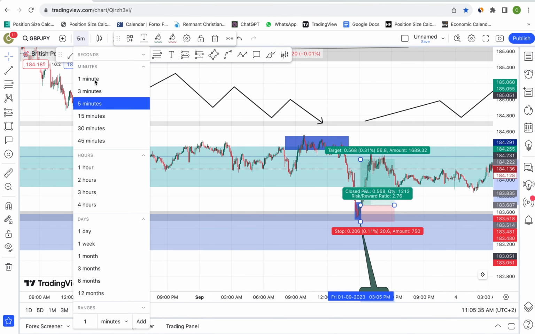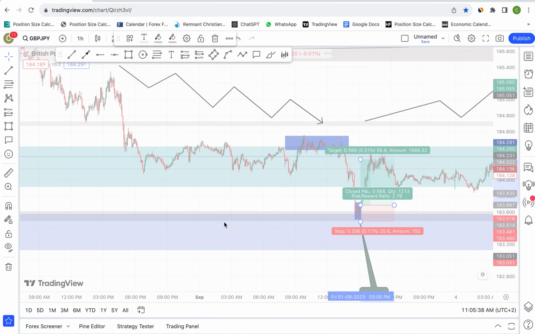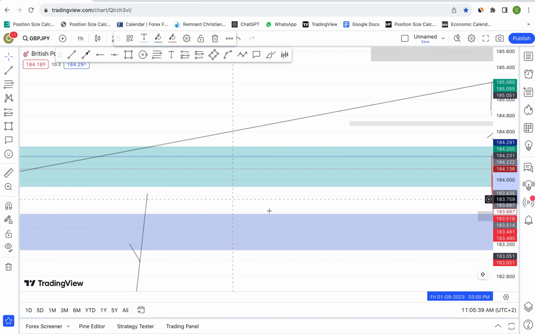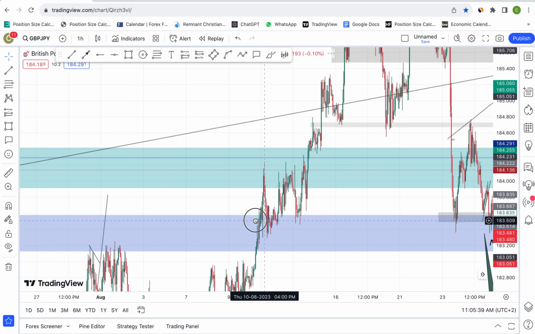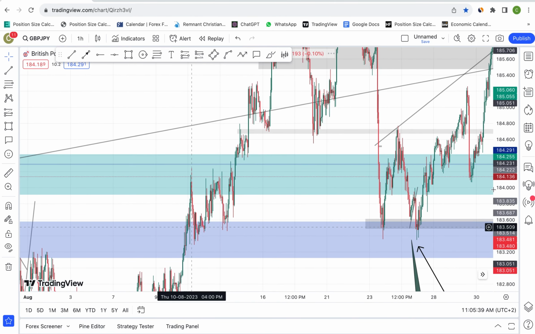So I like taking my trade on the 15 minutes time frame or the 1 hour time frame after analyzing my chart. So I'll go to the 1 hour time frame so that it's going to look a little lesser for us right here.